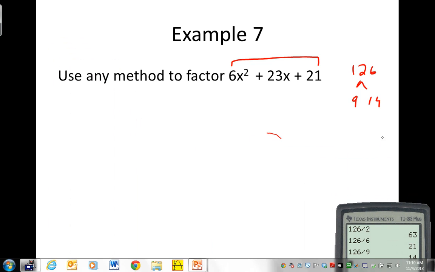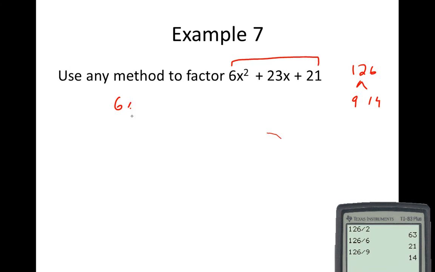Okay, so now let's continue. So 6x squared plus 9x plus 14x plus 21. Group it up.